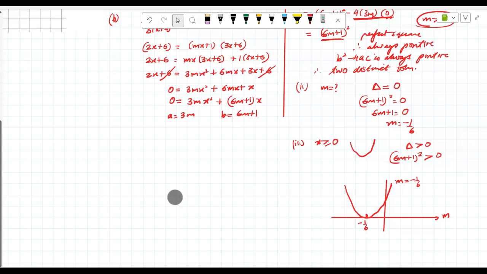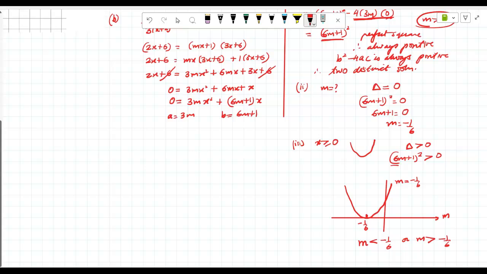But delta, that means what are the values of m you'll get? Less than 0, right? M is what? Less than minus 1 by 6? Or m is greater than minus 1 by 6? How is it less than minus 1 by 6?